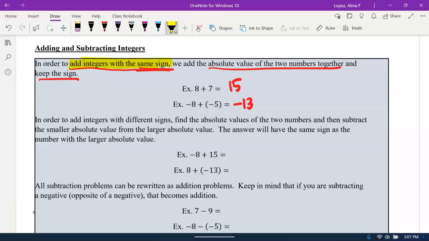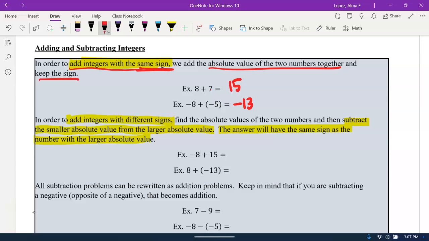Now, when you add integers with different signs on them, you probably heard this, you subtract, let me highlight it, you subtract the smaller value from the larger value and then keep the sign of the larger number. So let's do it.